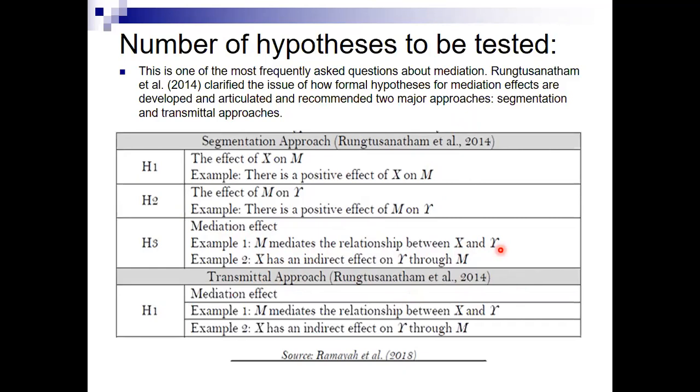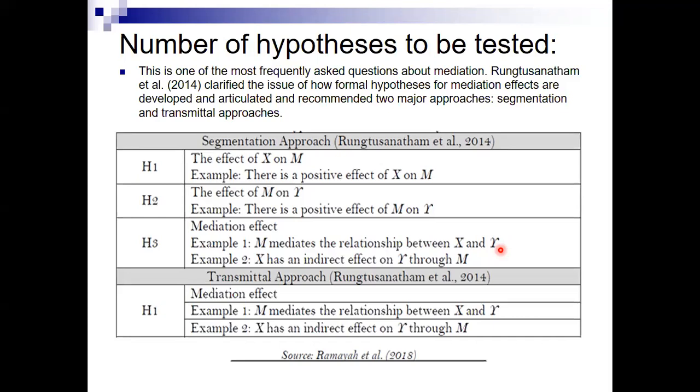Of course, that's how to state a hypothesis, but I'll show you how to actually statistically see whether there's a mediation. Example 2 would be, for example, X has an indirect effect on Y through M. And many other ways of language which you can use, but you see the theme is there. You are trying to combine the 3 variables in some way, okay? The M, the X, and the Y, okay? So there you're testing the mediation effect.